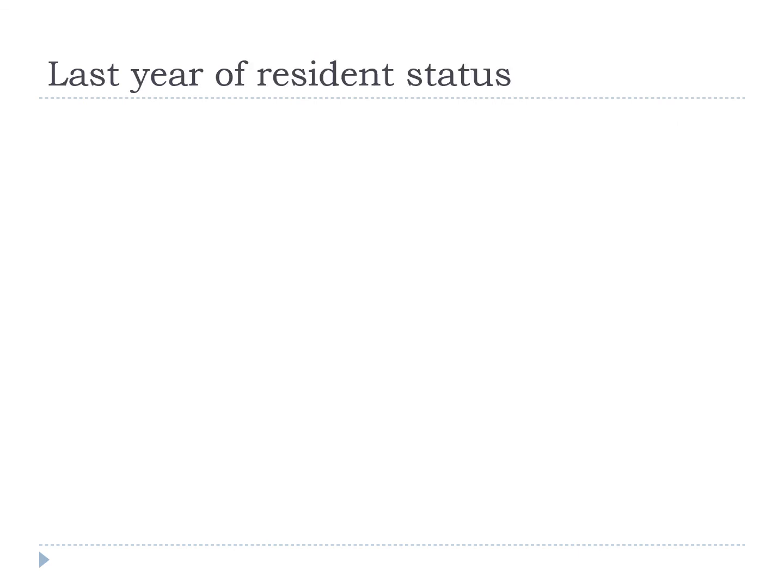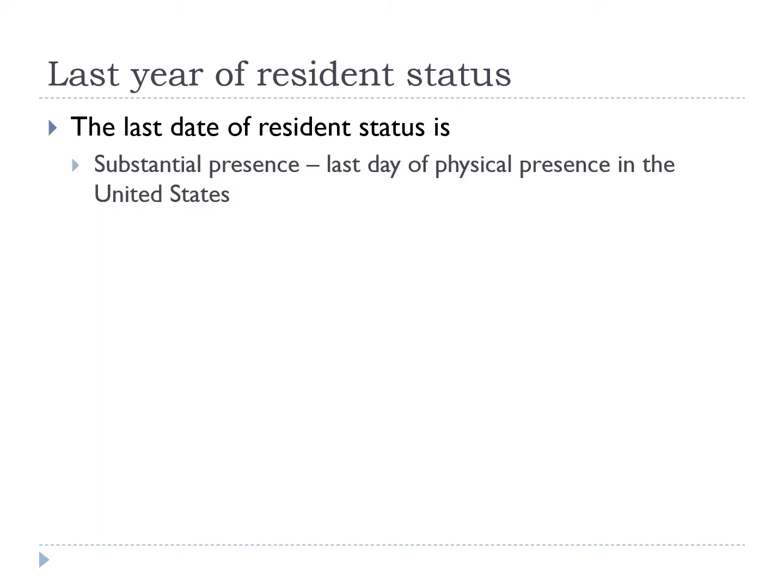Here are the rules for determining the date an alien status changes in the last year of residency. If an alien stops being treated as a resident alien in the year, then if residence was based on the substantial presence test, the person stops being treated as a resident on the day following the last day of physical presence in the United States.